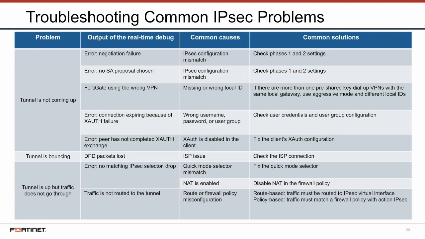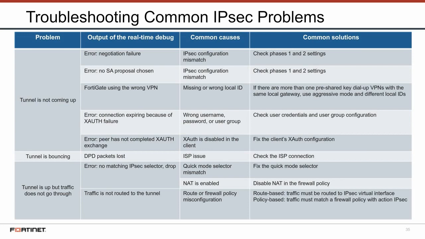This slide shows a summary of the most common problems and solutions. If the tunnel is not coming up, use the IKE real-time debug. You will usually see one of the error messages listed in this slide in the output. If the tunnel is bouncing, you will usually see the message DPD packets lost in the output.